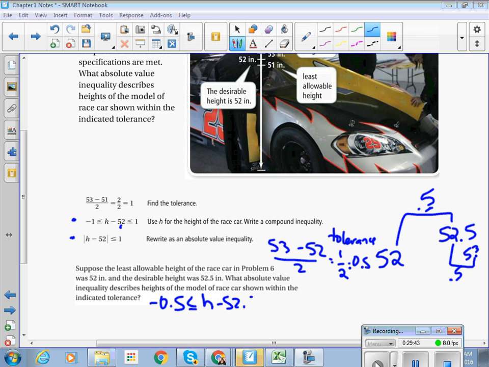Now it's 52.5. It's less than or equal to 0.5. Now we're going to convert that into our absolute value inequality. So we got the absolute value of h minus 52.5 is less than or equal to 0.5.